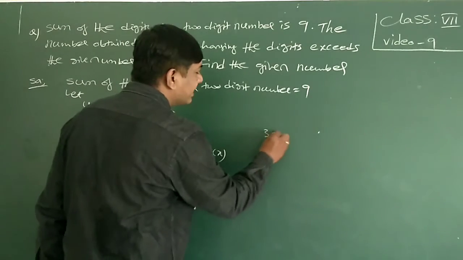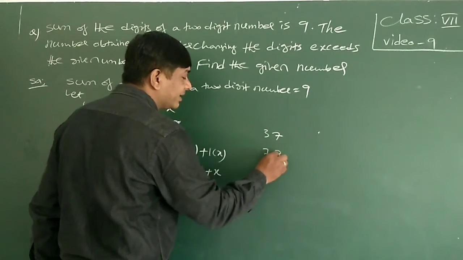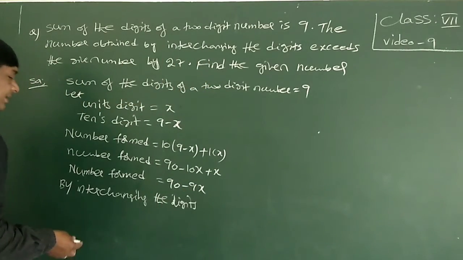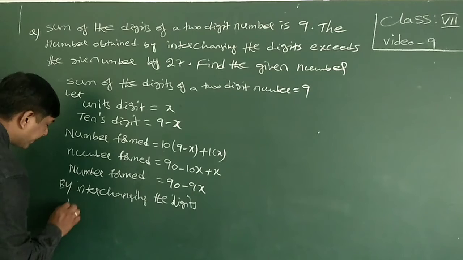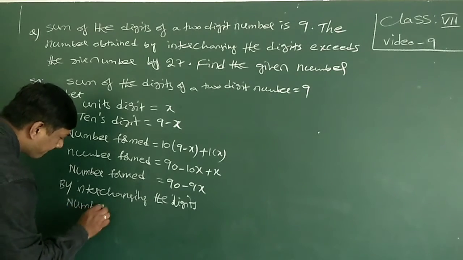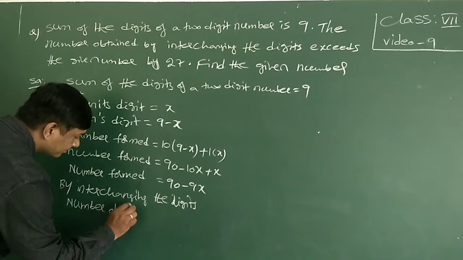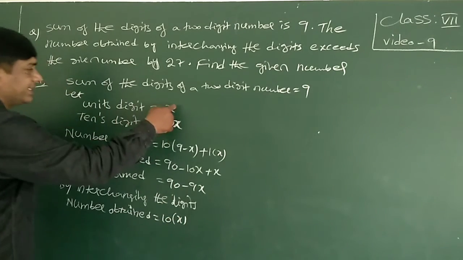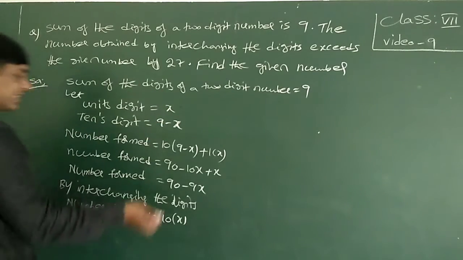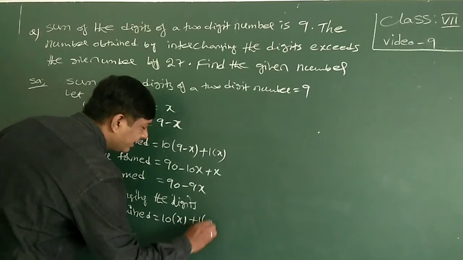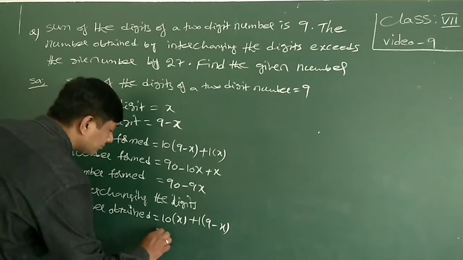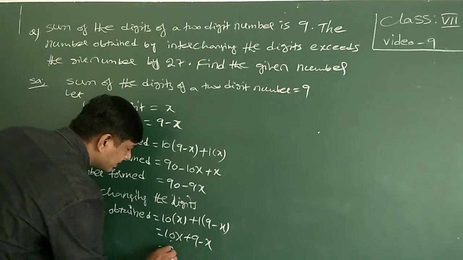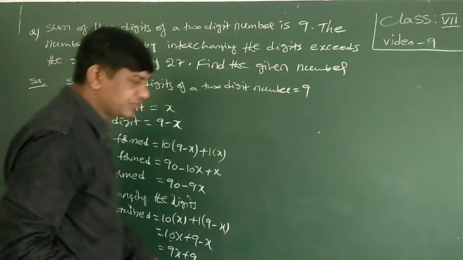Like 37, by interchanging it becomes 73. The number obtained by interchanging digits is 10 into x, since the units digit becomes the tens digit, plus 1 into 9 minus x. That is 10x plus 9 minus x, that is 9x plus 9. Is it visible to all of you?